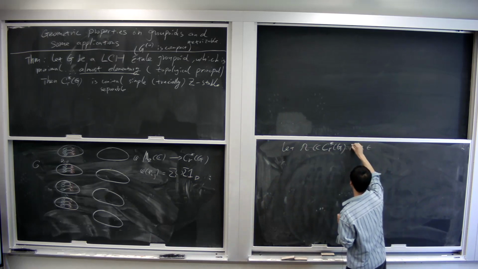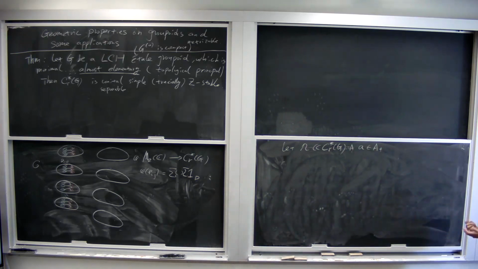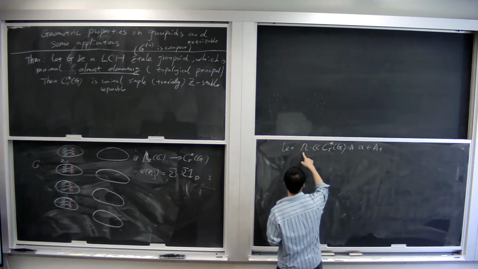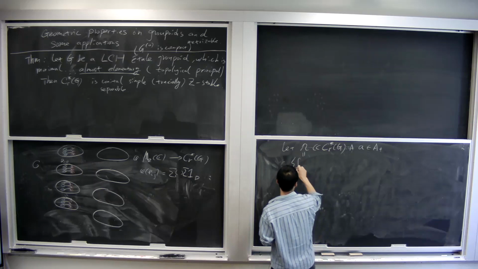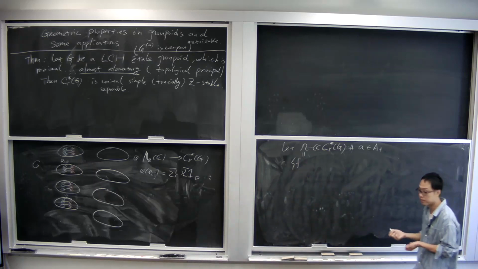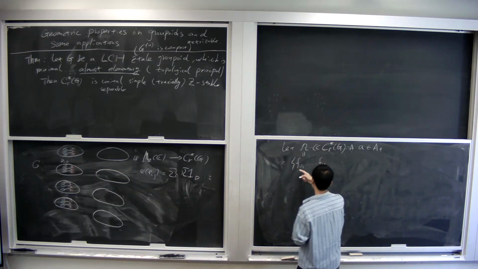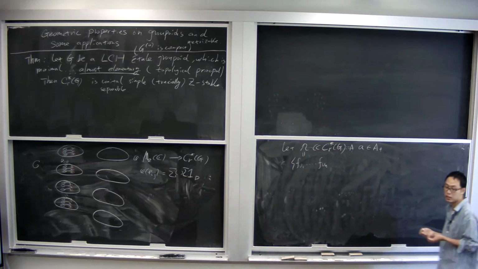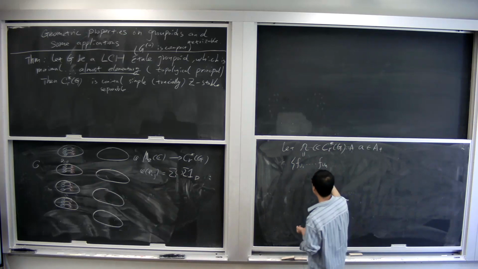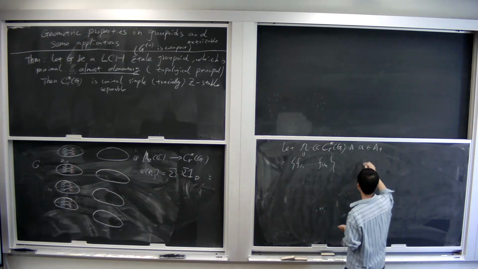By a very standard approximation property, you can just assume your Omega consists of functions supported on some open bisections U1 to UN, such that the closure of each Ui is compact. That means your open bisections U1 to UN are pre-compact.